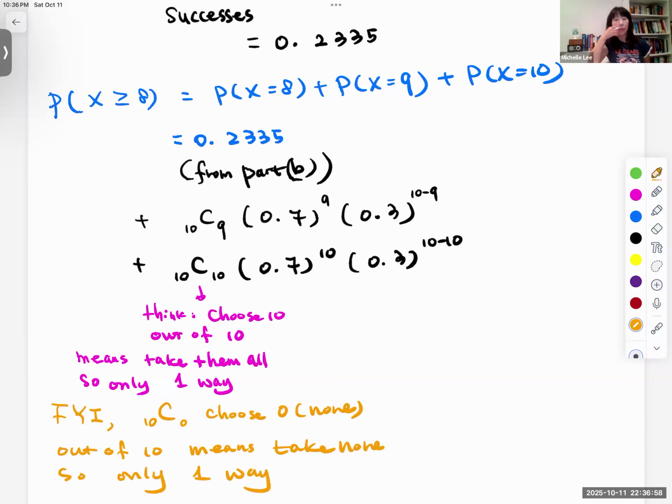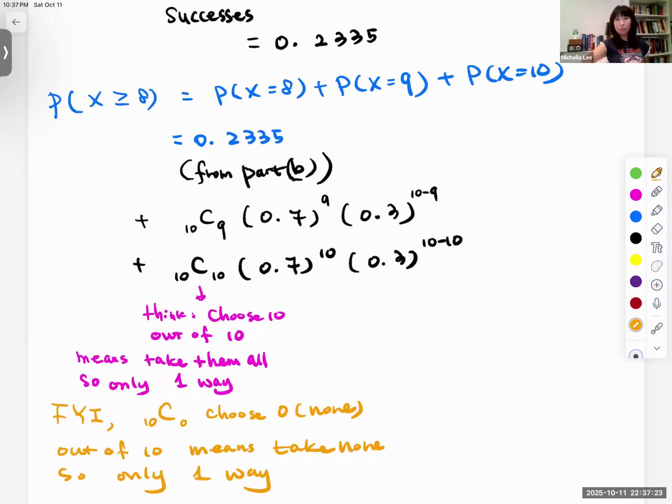So 10 choose 10 out of 10 has only one way, so it's 1, and 10 choose 0 also takes none, so there's only one way. Okay, now, can you please calculate?